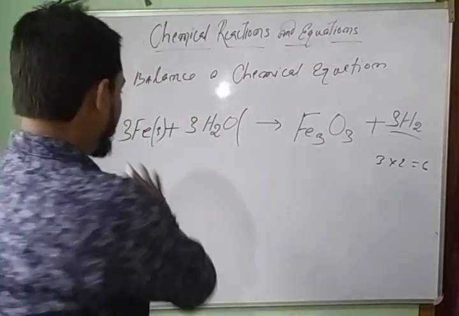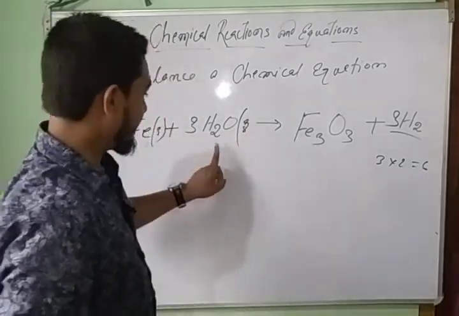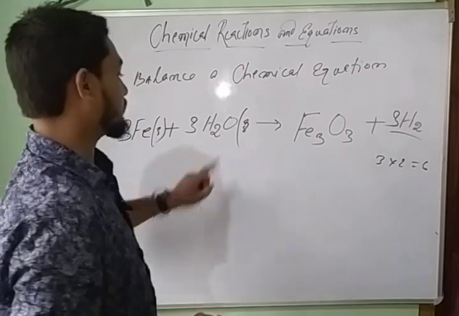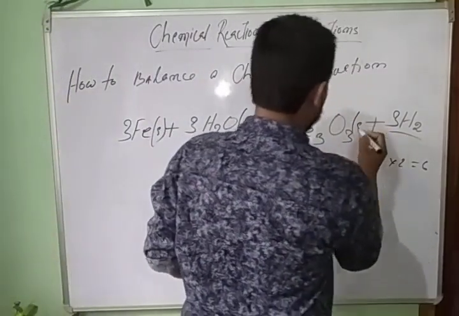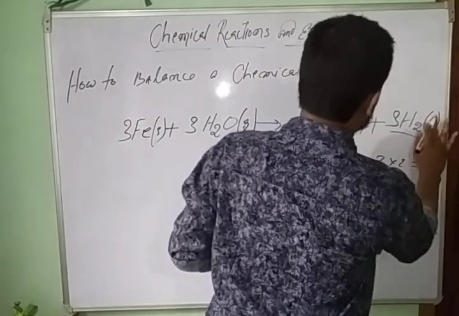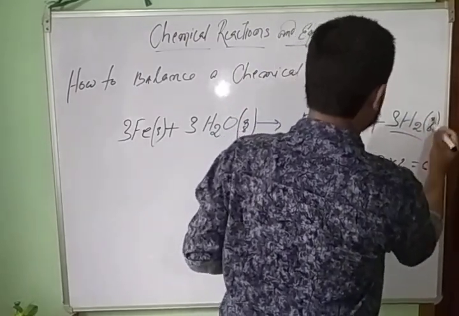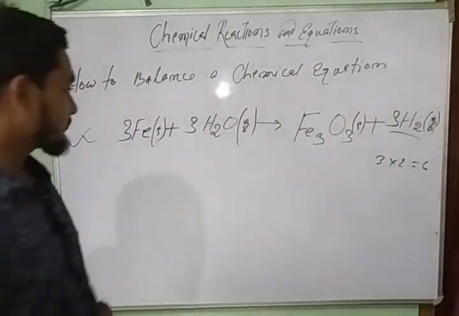Fe reacts with steam. That means when water is in a gaseous state, iron reacts with it and produces this. This is also solid, and hydrogen is a gas at room temperature, that means G. So the equation is balanced now.